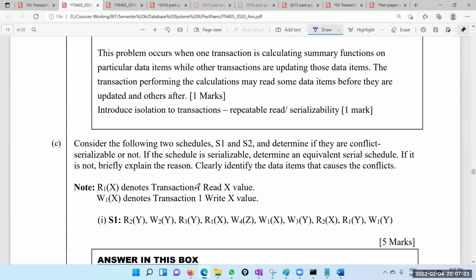So 2020 paper. Quickly do this, because this is last year's paper. It's very important for us. Do this and also do the second one. So that means you just have to draw the precedence graph, that's it, and see whether there are cycles.